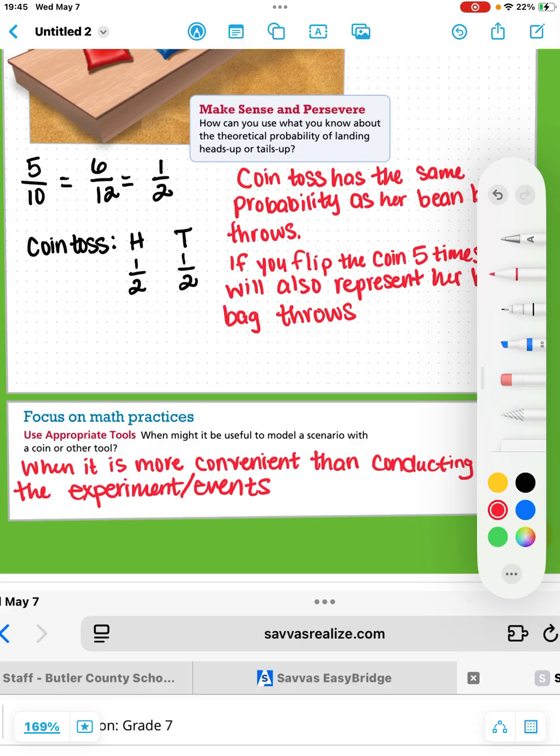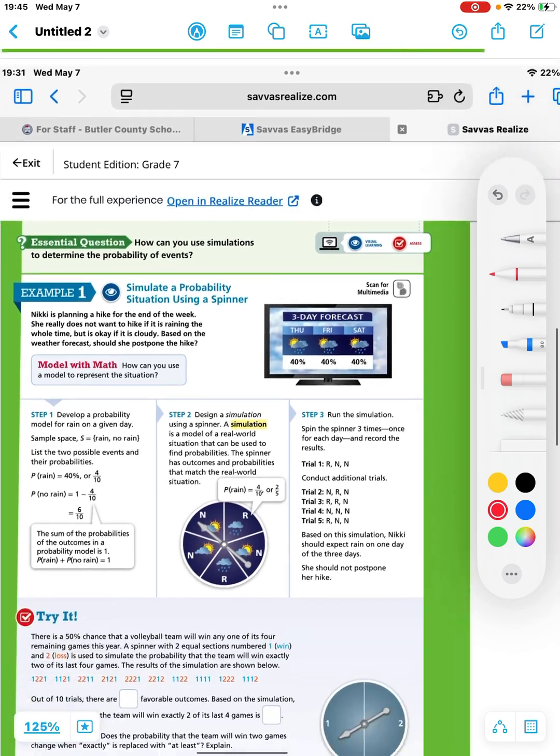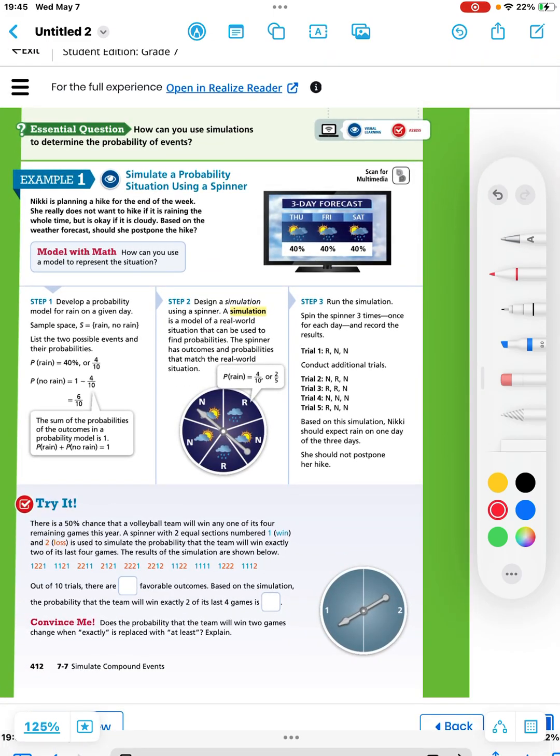So with that in mind, we're able to look at example number 1. Example number 1 is simulating a probability situation using a spinner. Now, we use a spinner all the time in my classes, especially when we're deciding who is going to answer a particular question up on the board.